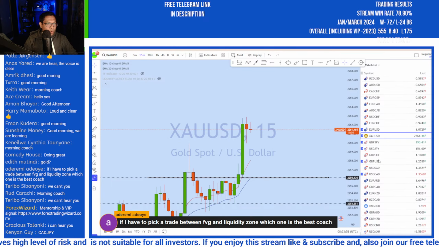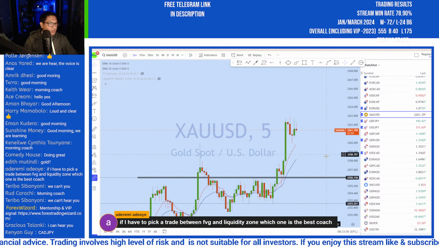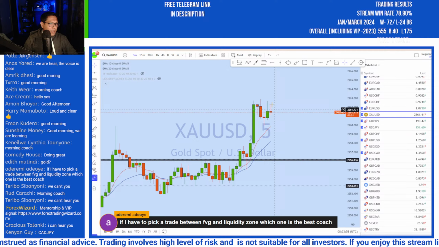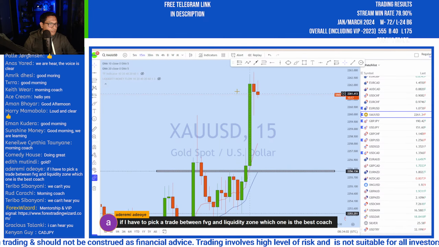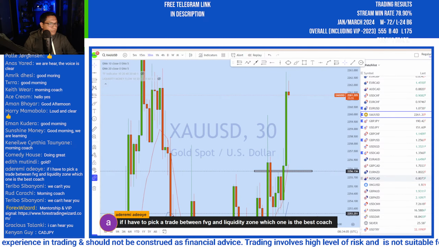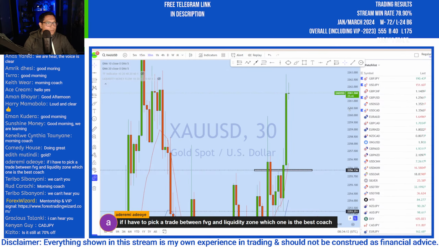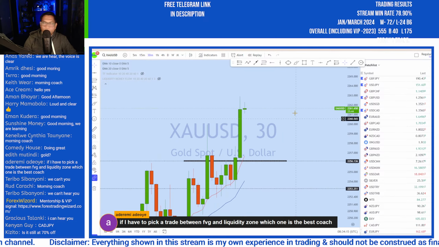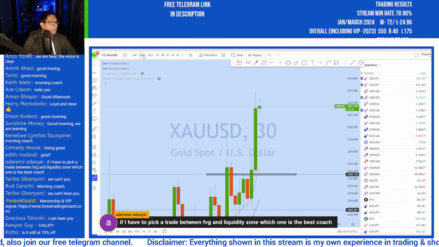All right, so here we can see on gold, after this breakout, I'm expecting it to come down for a deeper pullback.